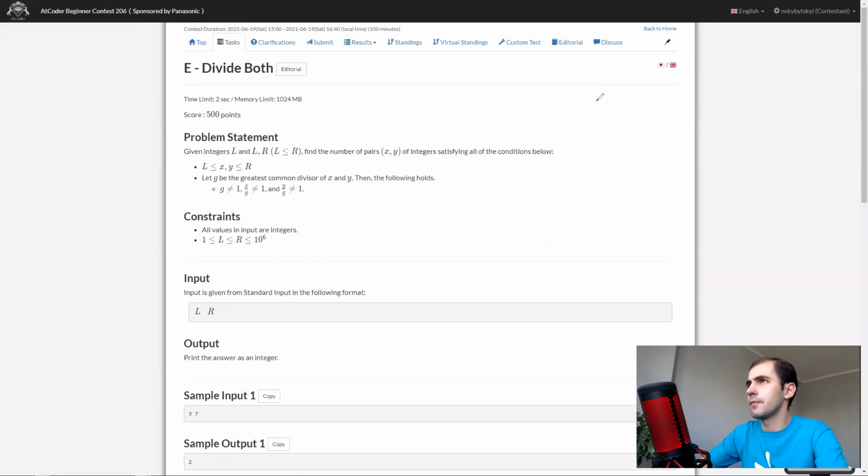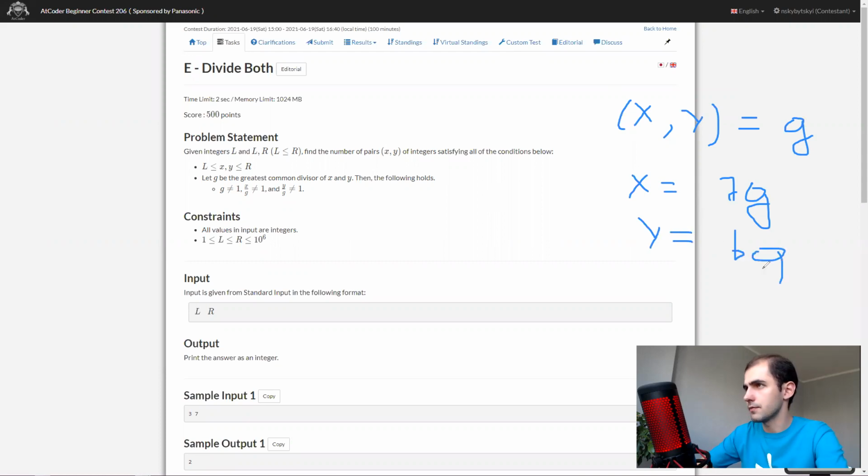We have our X, Y, they have their greatest common divisor, which is G, and what they're basically saying is X is, let's say, AG, A is some coefficient, and Y is some BG, where A and B and G are greater than 1.